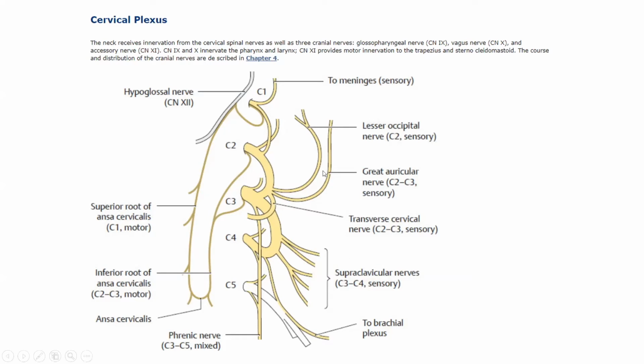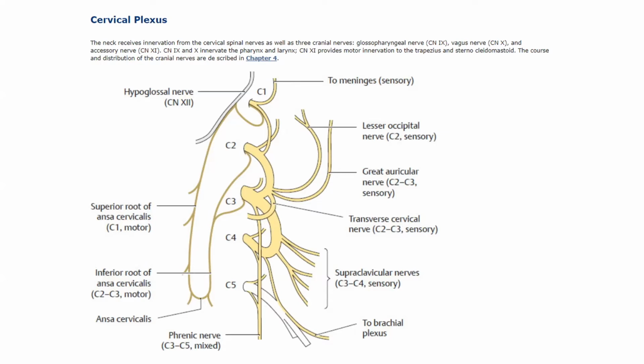This cervical plexus contains the motor fiber and the sensory fiber together, and it sends several branches that you can see: the lesser occipital, greater auricular nerve, transverse cervical nerve, and supraclavicular nerves that are subdivided into three: the lateral, medial, or instead of medial, you can find the intermediate supraclavicular nerve.